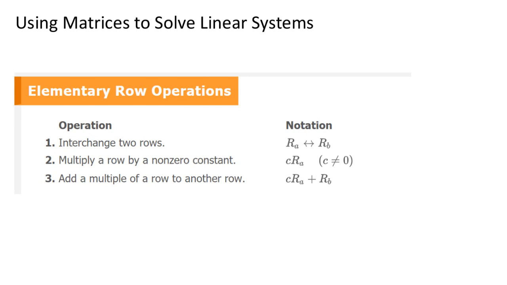When we're dealing with matrices, we are allowed to interchange rows. I'll give you an example. The syntax that you'll be studying is this double arrow. This means that I want to switch row A with row B. So for instance, if I have a row 1 and I want row 1 to be row 3 and I want row 3 to be row 1, I use this double arrow to interchange rows.